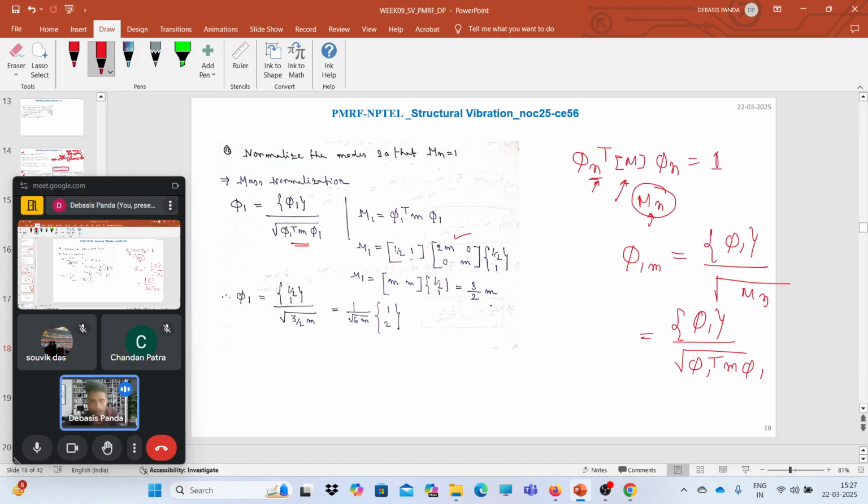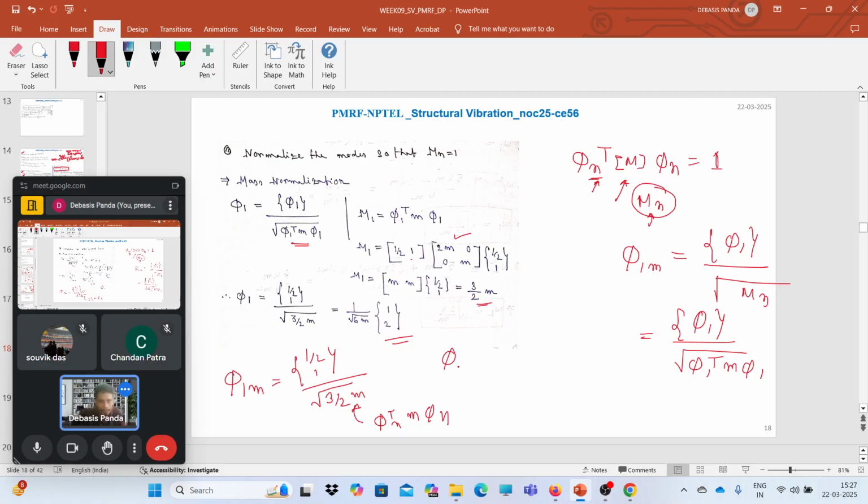So the M1 component comes as 3 by 2 M. Now the normalized phi 1 is phi 1 divided by the square root of 3 by 2 M, which is phi 1 transpose M phi 1 after calculation. So this is 1 by root 6M times 1 and 2. This is your mass normalized mode shape.